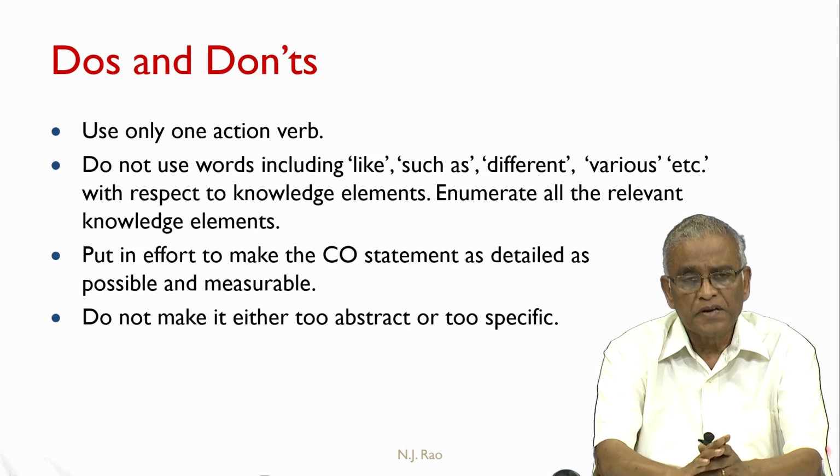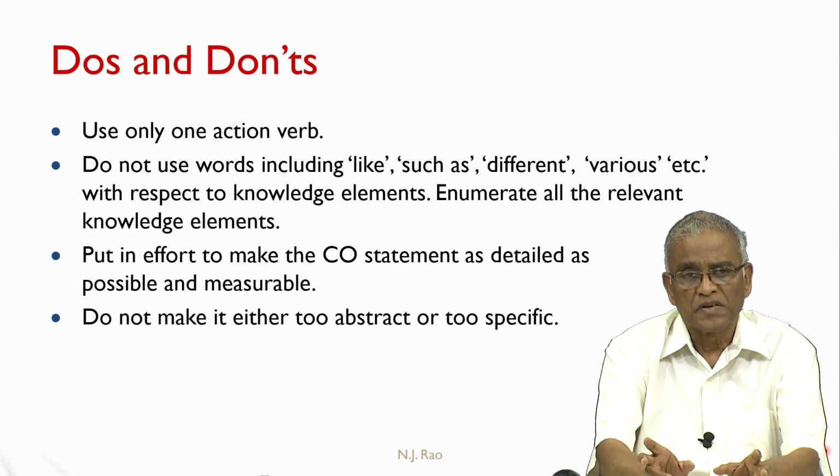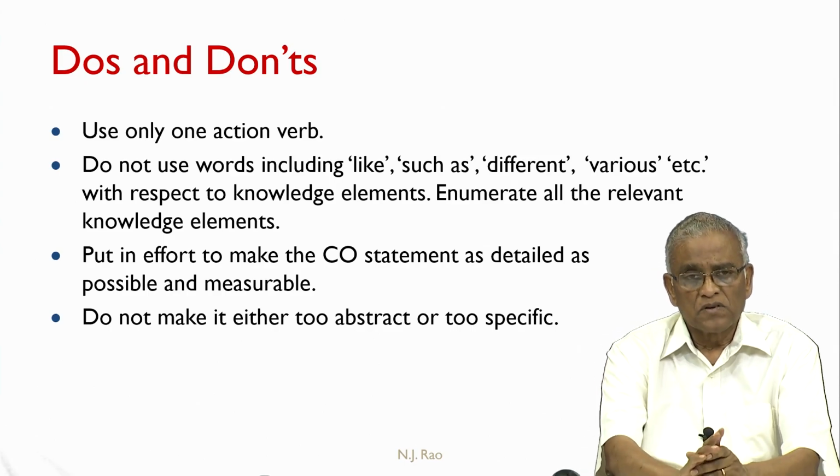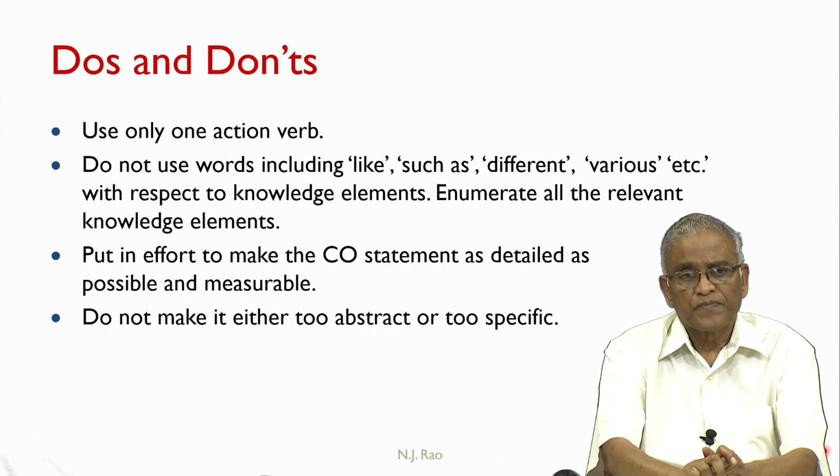And two action verbs should never be used just to merely combine 2 outcomes, 2 COs, into one, because we have written too many. That is the first one, use only one action verb.